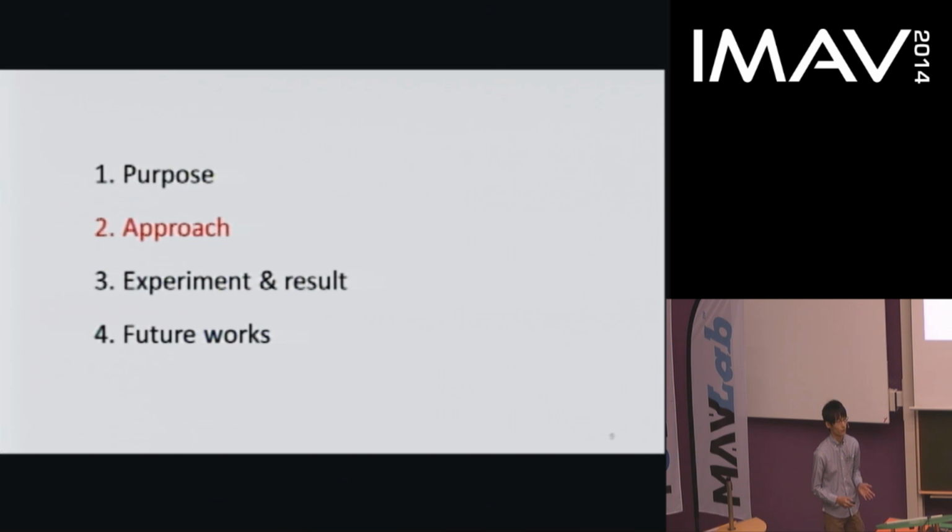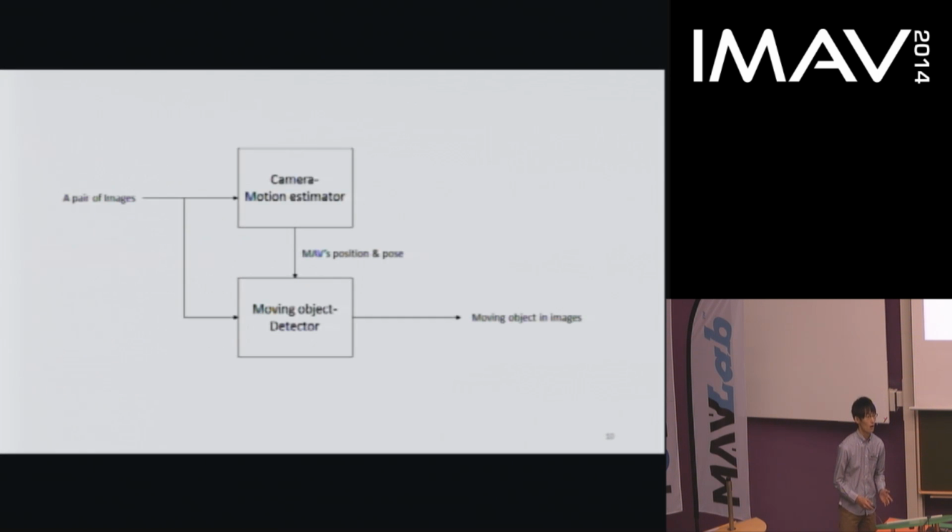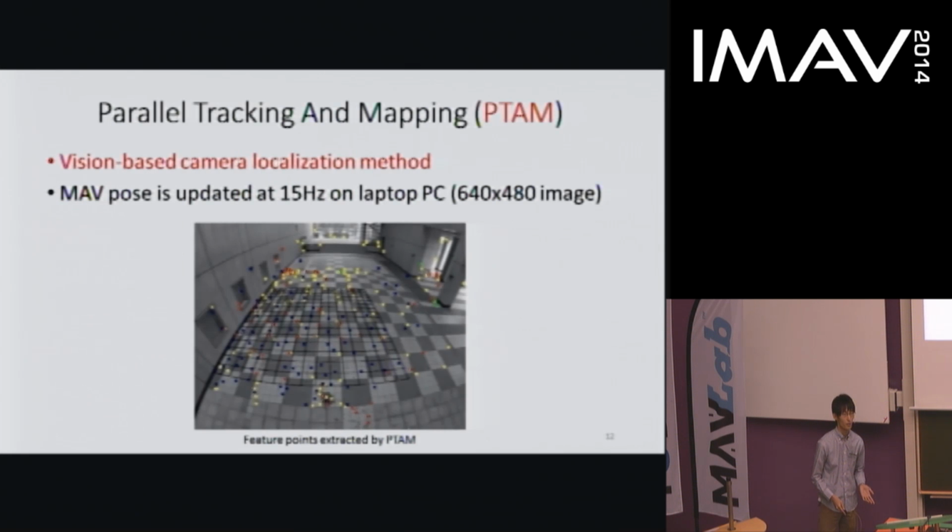So let me move on to the approach to solve this problem. Our approach consists of two major parts. The camera motion estimator part estimates the MAV's position and pose, or the camera's position and pose, using input images. In this part, we use a vision-based camera localization method, PTAM.